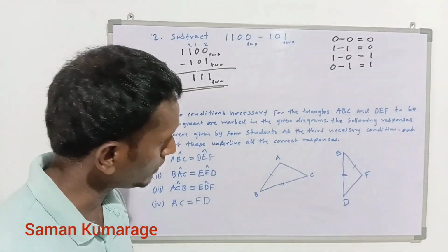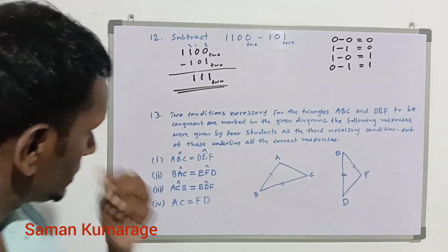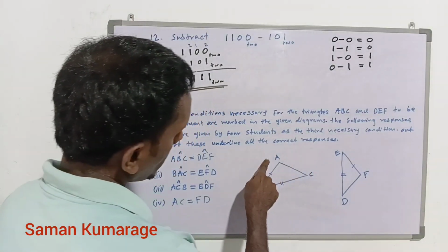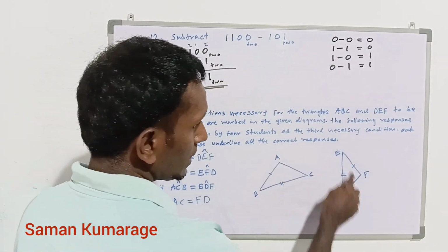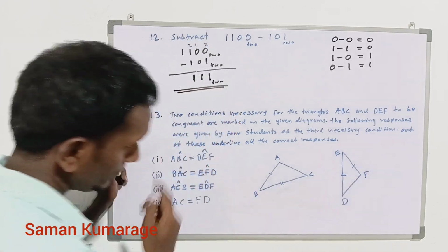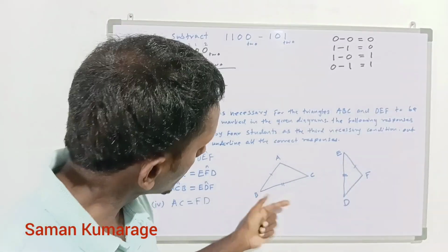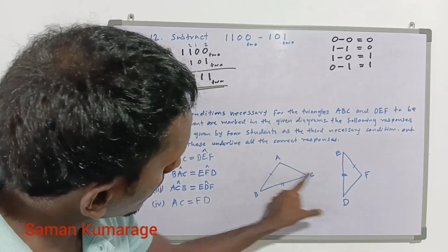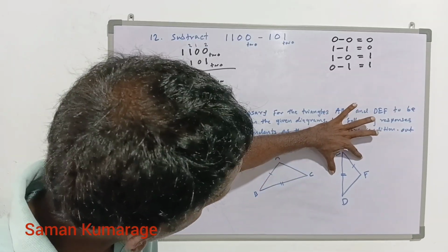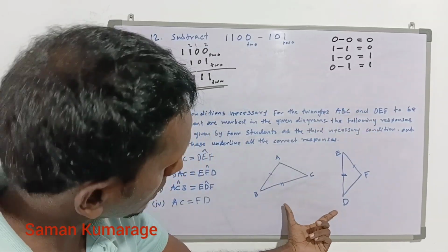Let me explain it again. These are the two triangles ABC and DEF. So two sides each are equal in these two triangles.